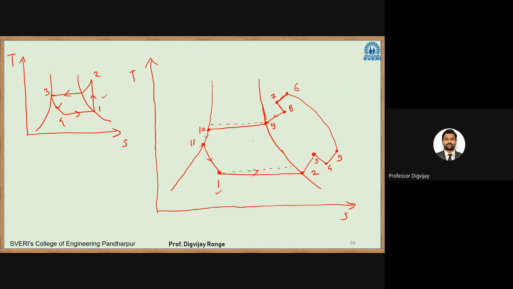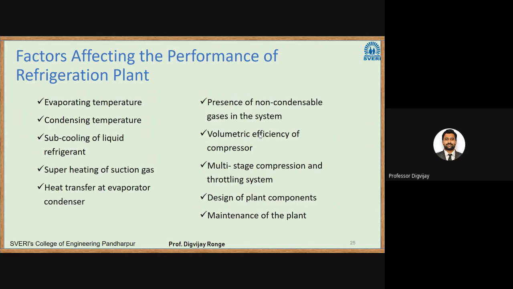So this is all about the actual VCR cycle. Now we'll see the factors that affect the performance of the VCR cycle. Factors affecting the performance of a refrigeration plant: first is evaporation temperature.